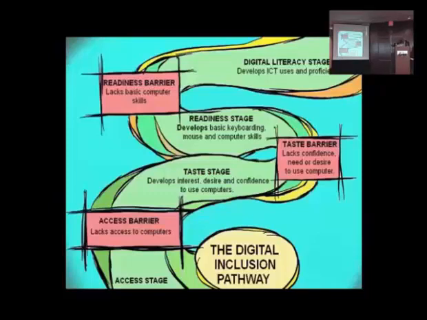The readiness stage, you develop basic skills. There's a readiness barrier. If you get through that, you're into digital literacy. Doesn't mean you're fully digitally literate. You're just in that stage. And when you're in that stage, you're being measured by PIAAC with ICT usage at home, at work, and with PSTRE. Okay, it took me a long time to get that far. But it takes people a lot longer to get there in reality.